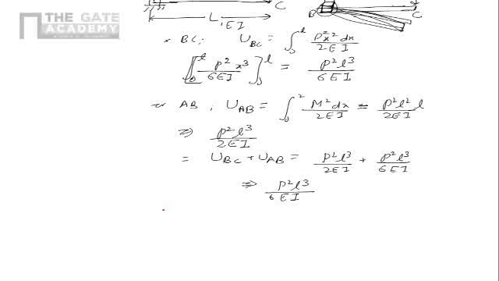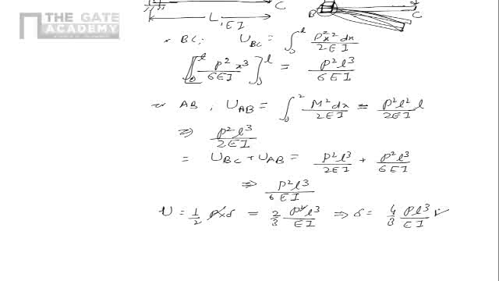Now we know that U is also equal to 1 upon 2 times P times delta. So that is equal to 4 upon 6, which is 2 upon 3, P²L³ upon EI. So that gives me delta is equal to, this P gets cancelled out, 2 goes up, 4 upon 3 PL³ upon EI. So that is the answer.